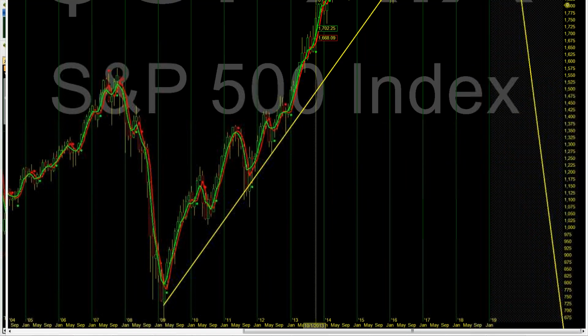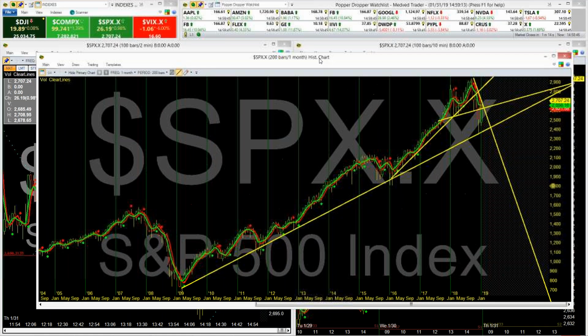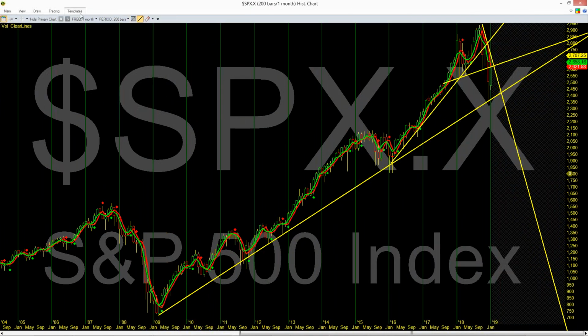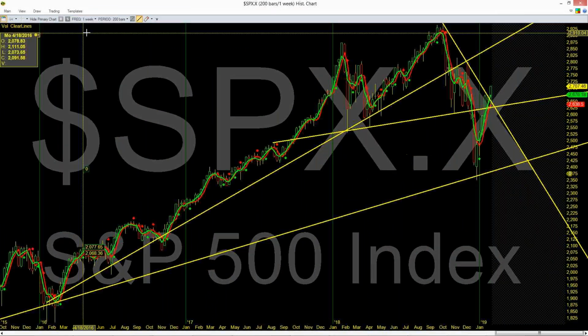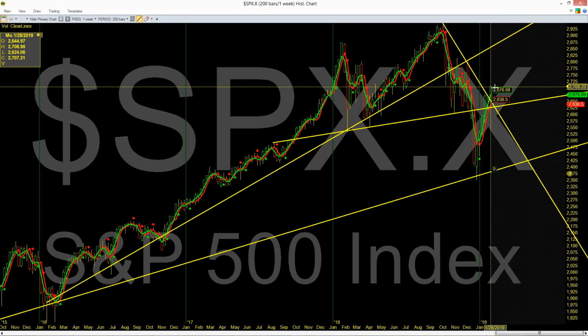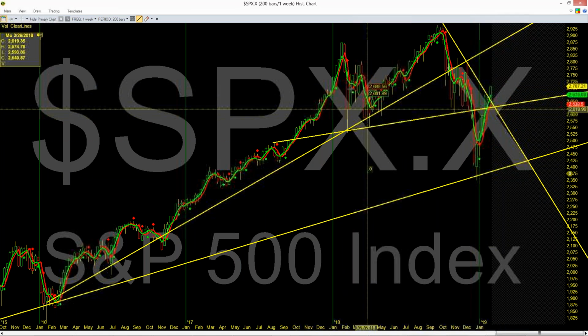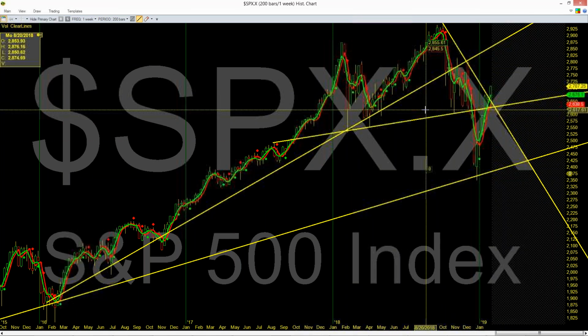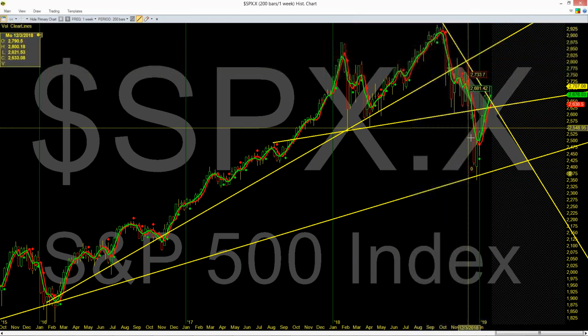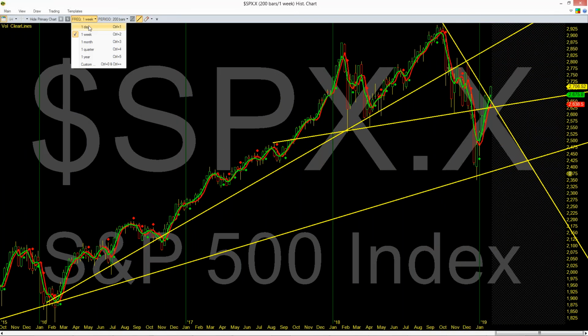See how the S&P came right down to that trend line? And we bounced right off of it. And so we've moved back up into this range. But yeah, did my lines show you the reversal? Yeah. Pretty clear.